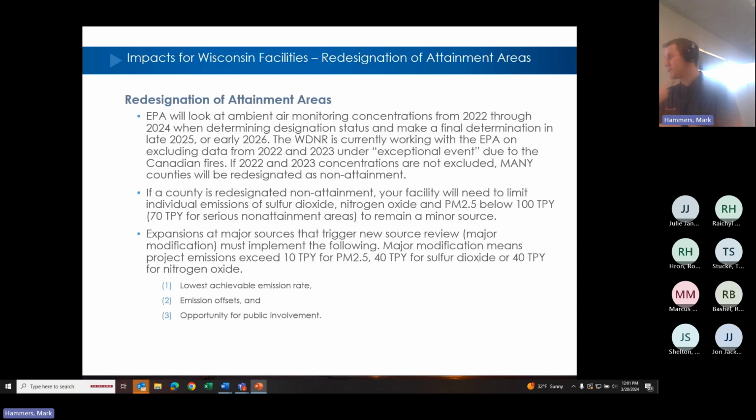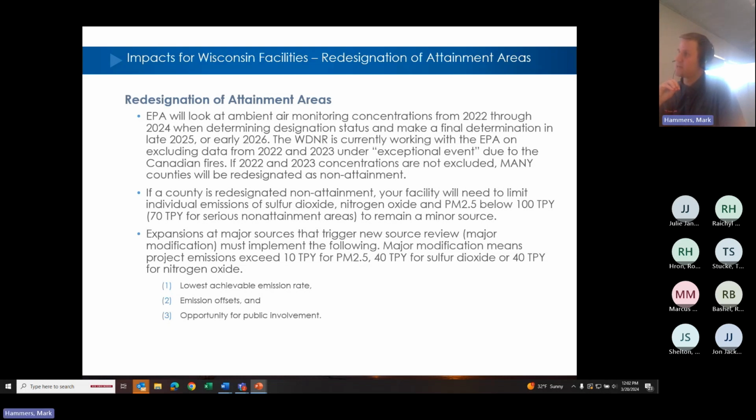So we still got to get through 2024, gather that data before the DNR and EPA are going to look at a specific area and say whether it is or isn't in attainment with that new standard. So we're looking at late 2025 into early 2026 before we'll see counties or areas redesignated as non-attainment. Currently, they're all in attainment.